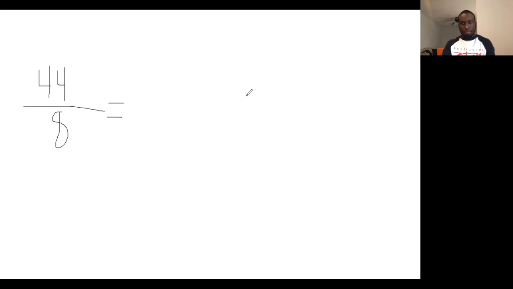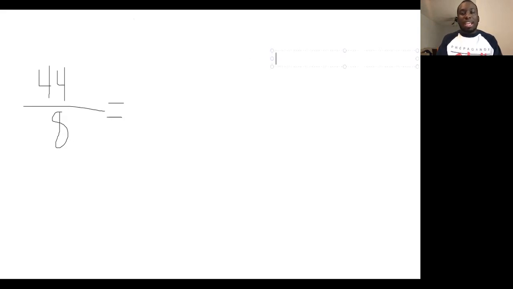My first step: when I'm looking at fractions, fractions remind me to do 2 things. It reminds me that I'm looking at a small piece of a whole, and it lets me know that my problem is going to be considered a division problem.